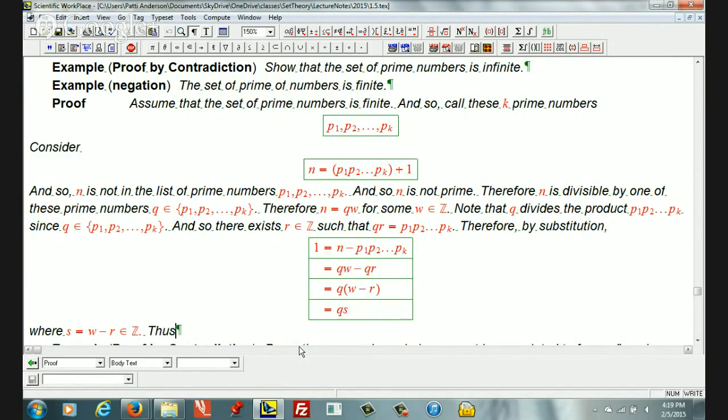We used F already. Thus, QS is equal to 1. Both have to be 1, or they both have to be minus 1. And I really don't care about the S. I just care about the Q. And hence Q is not prime.